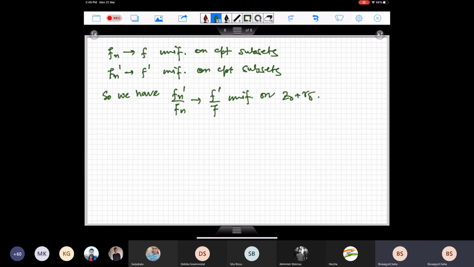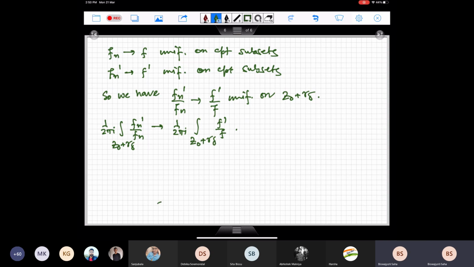Because Fn is anyway non-vanishing, that is given, and F is also non-vanishing on z naught plus gamma delta. So I have this uniform convergence, and once I have uniform convergence, we can interchange integral and limit. So 1 upon 2 pi i integral of Fn prime over Fn converges to 1 upon 2 pi i integral over z naught plus gamma delta of F prime upon F.